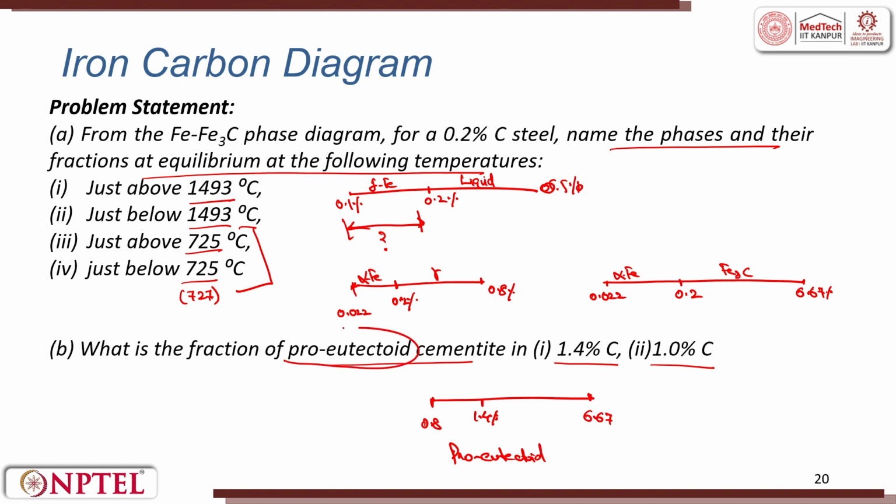That is given here. This you can calculate, and similarly you can calculate for the other problem, that is for 1%. Just calculate all these so that you have better practice and try to understand how the phases change.